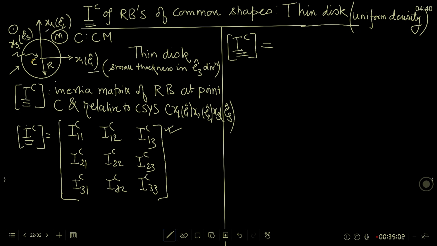If I know 1, 2 or all 3 of the axes are the principal axis, then I can set some of these off diagonal components to be 0 up front, and then I have to focus only on finding the diagonal components, right?